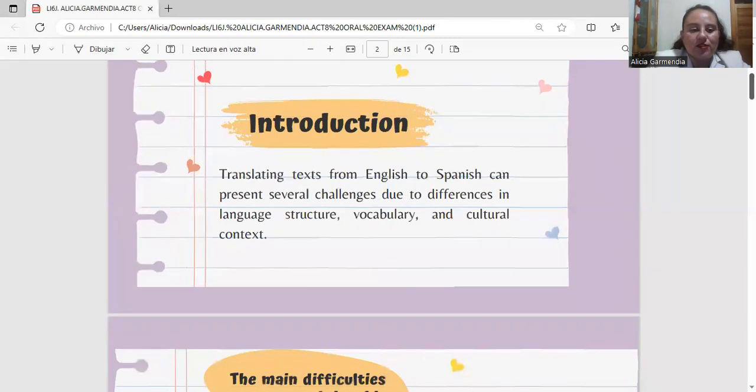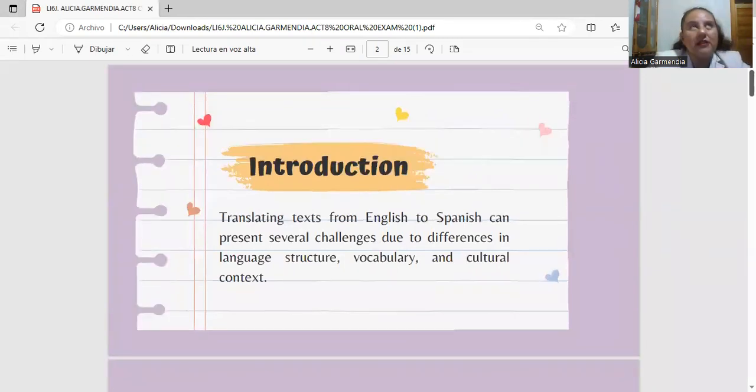In this introduction, I'm going to talk about the main difficulties of translating from English to Spanish or vice versa. Translating text from English to Spanish can present several challenges due to differences in language structures, vocabulary, and cultural context.